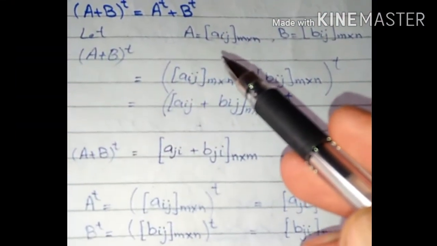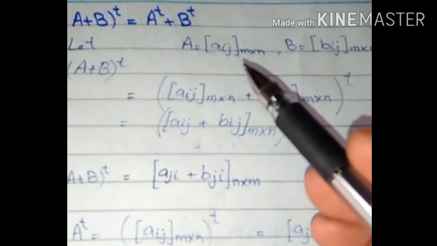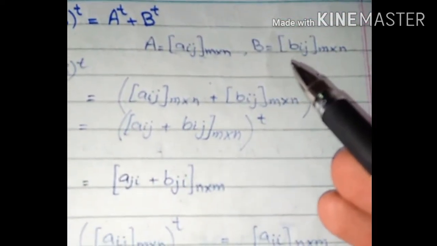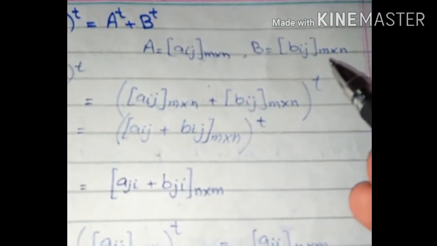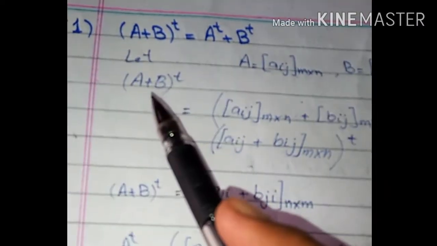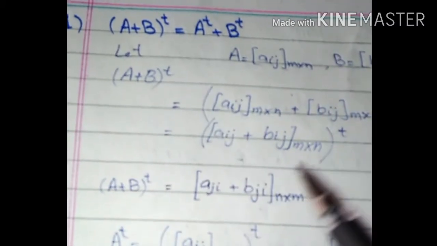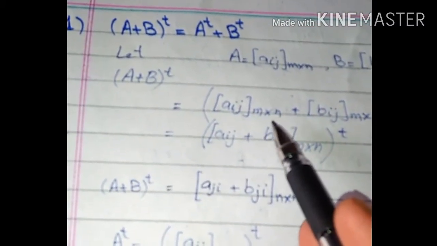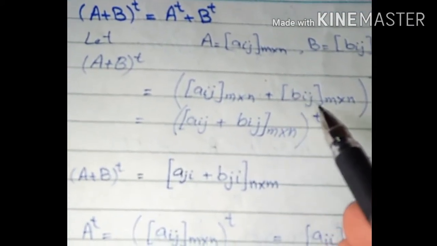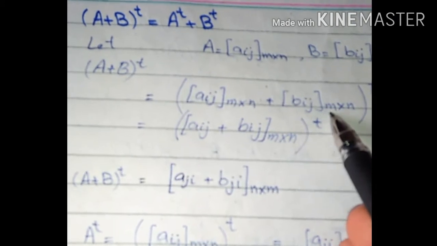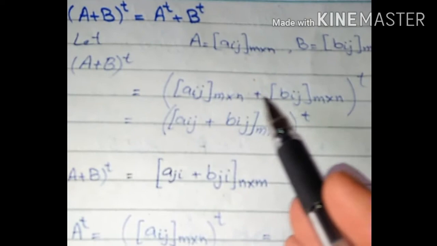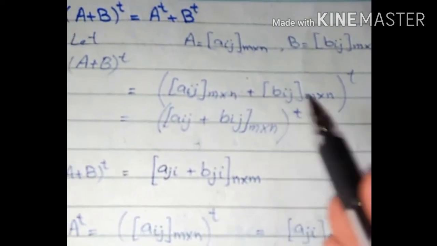Let matrix A have elements a_ij with order m cross n, and matrix B have elements b_ij with order m cross n. So we can write the left hand side: transpose of A plus B is equal to A elements with order plus B elements b_ij, m cross n. So we add the elements of the two matrices easily because both matrices have the same order.